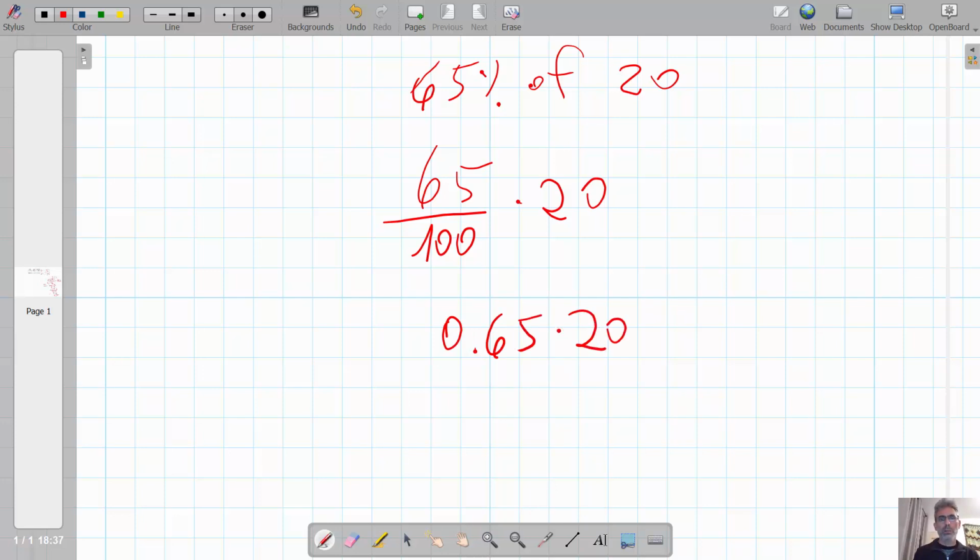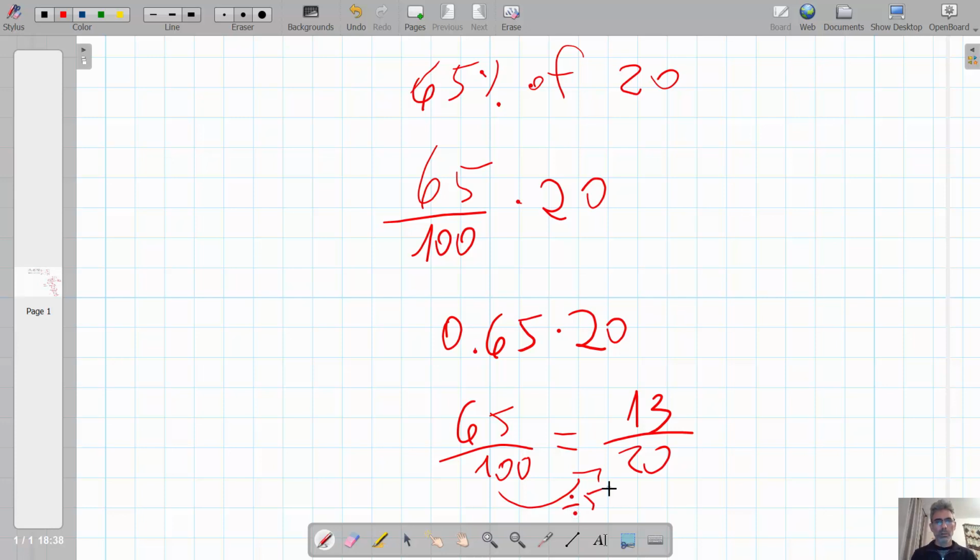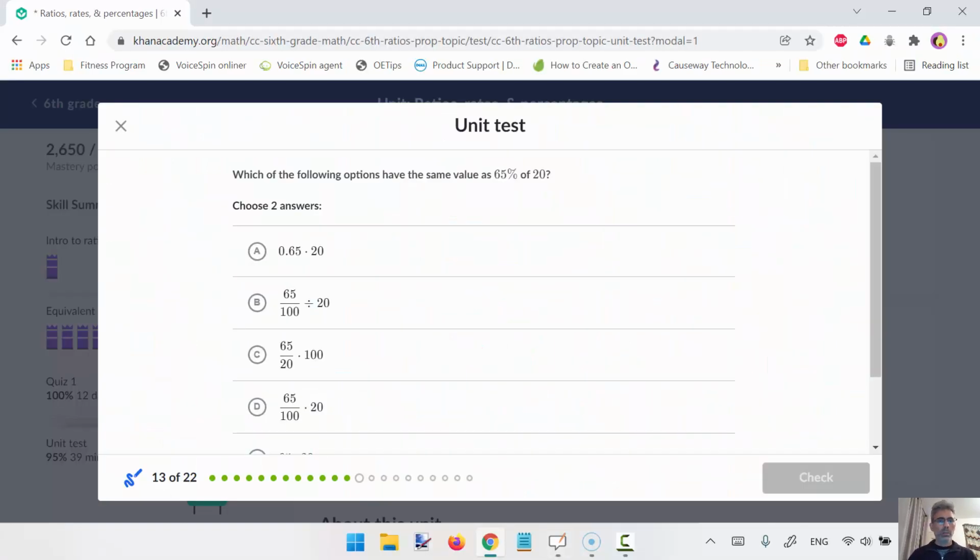And simplified fraction 6,500, if we divide it by 5, so we go to 20. 65 divided by 5 is 13, right? 13 times 5 is 65, so it's 13.